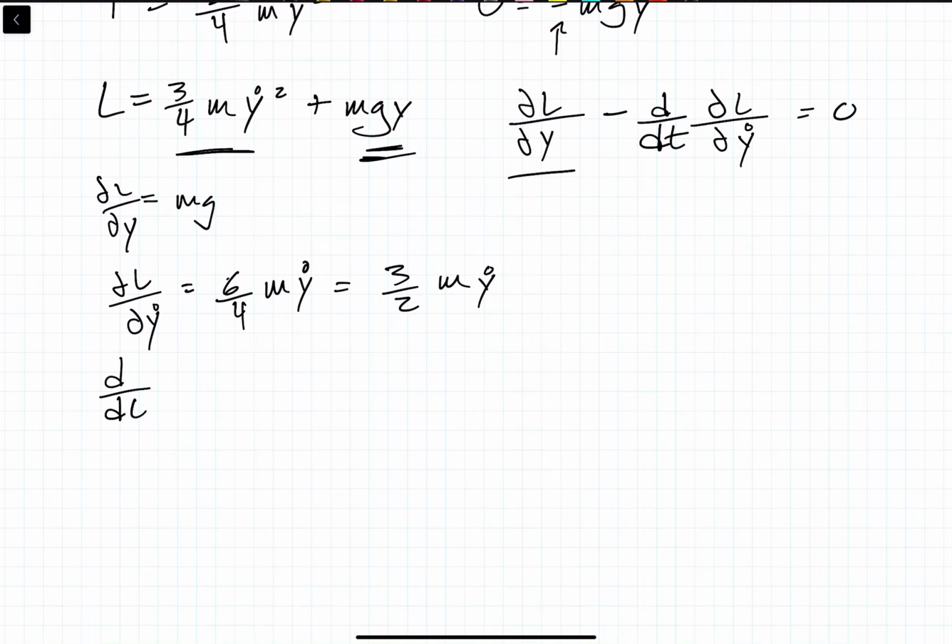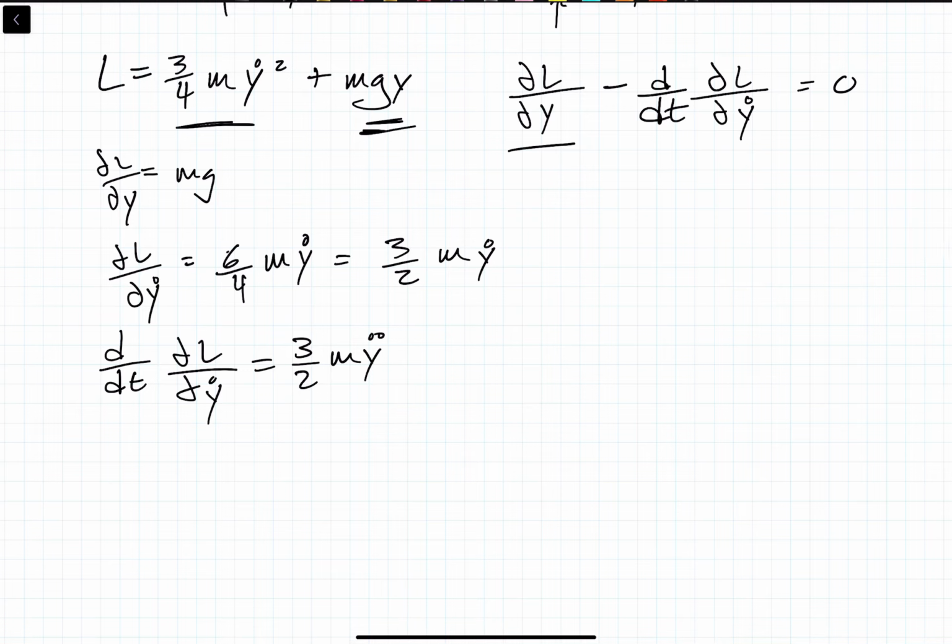So d over dt times the partial of L with respect to y dot is going to be 3/2 m y double dot. So y double dot is the acceleration in the y direction. Y dot is the velocity in the y direction.